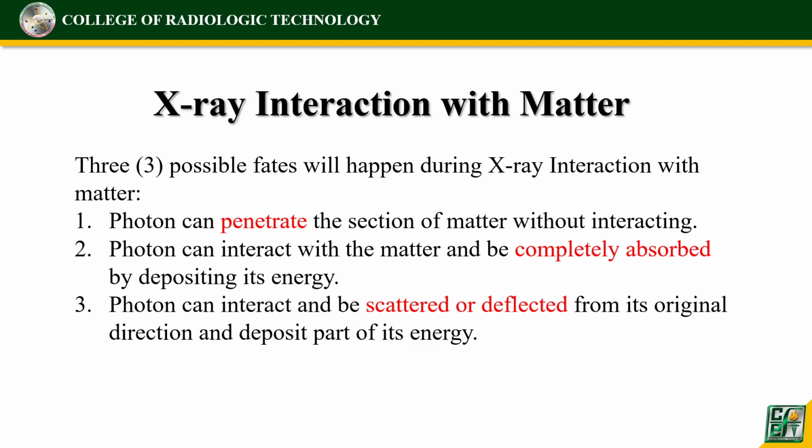So first, it can penetrate the matter without interacting with the atoms sa matter. Okay. Next, the photon will be able to interact with matter, and it will be completely absorbed. Okay, X-ray photons can be completely absorbed.